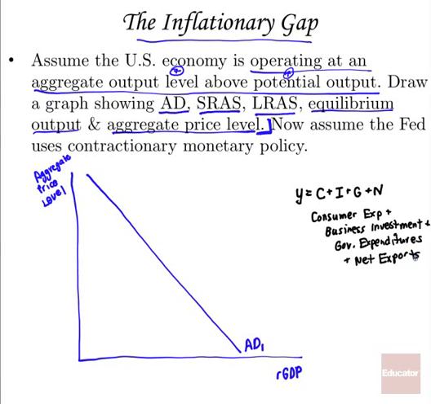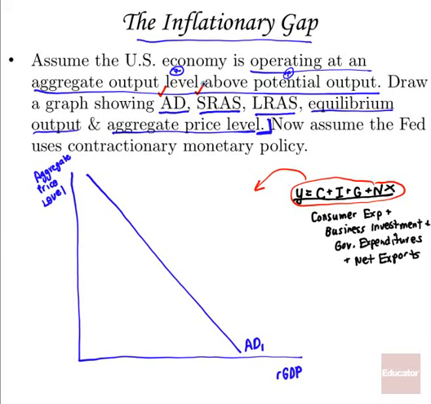So when you see this equation, Y equals C plus I plus G plus NX, you're really referring to this graph that you see right here, the AD, the aggregate demand.